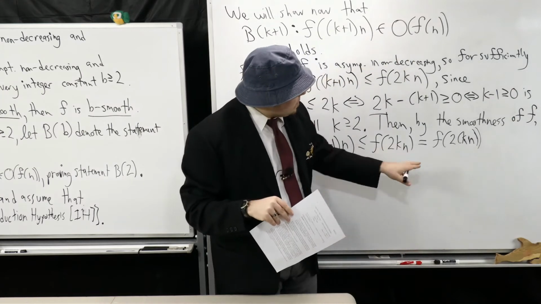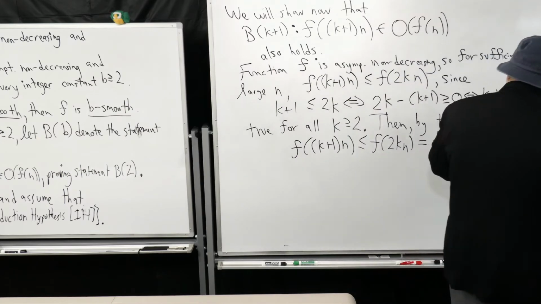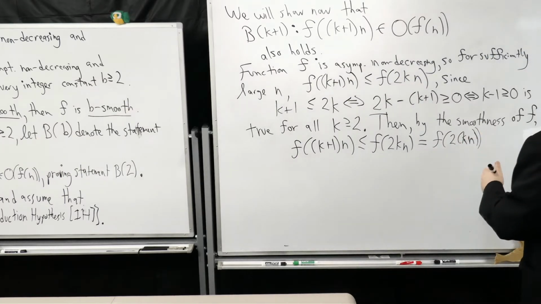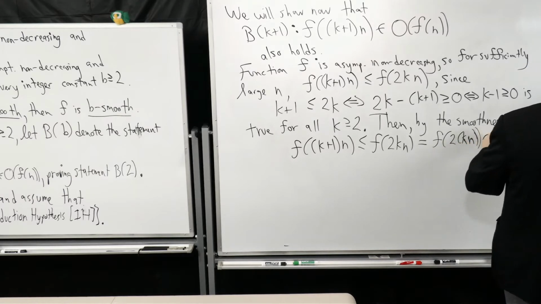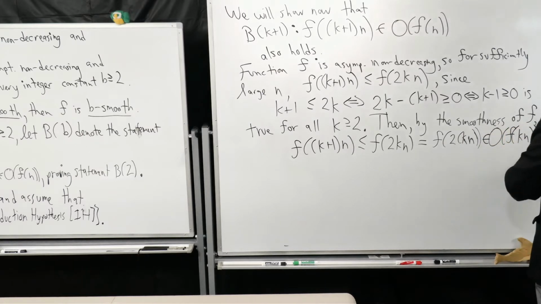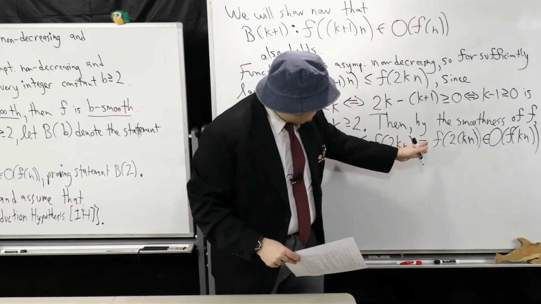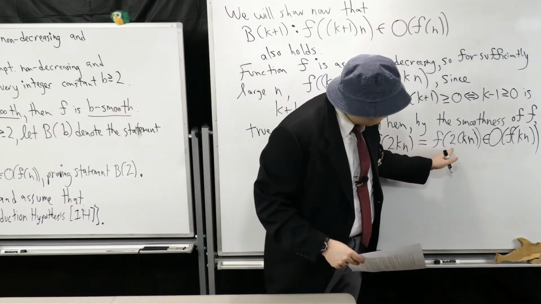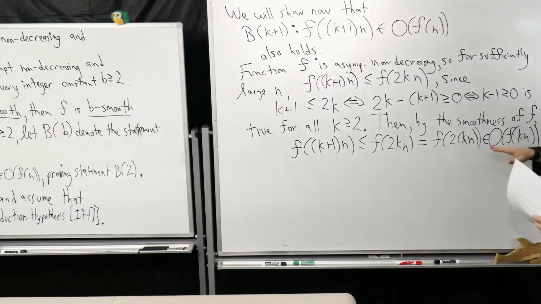So what I'm going to do is drop the 2, because it's 2 times the input. And this input is just k times n. It just means that f of 2 times k times n, I can drop the 2 because of it being smooth.